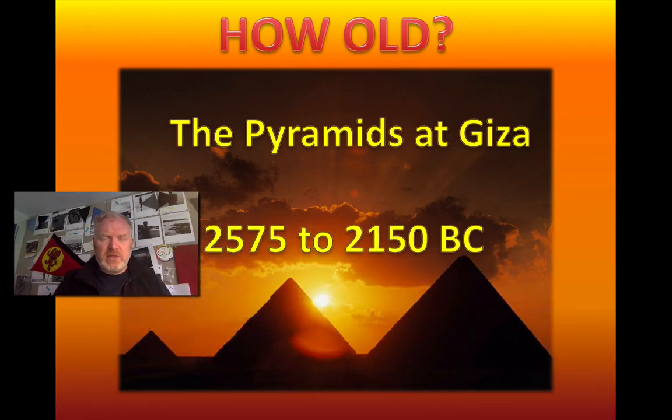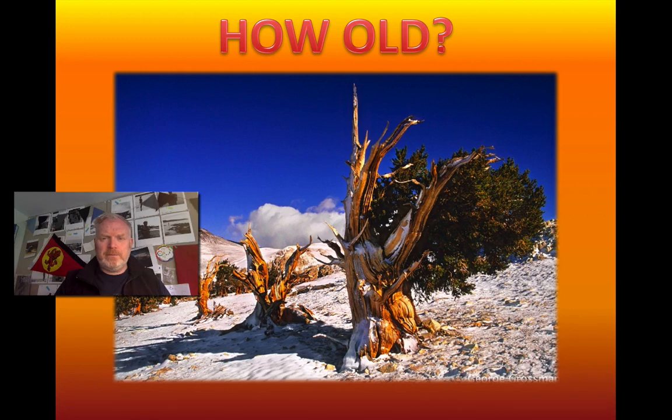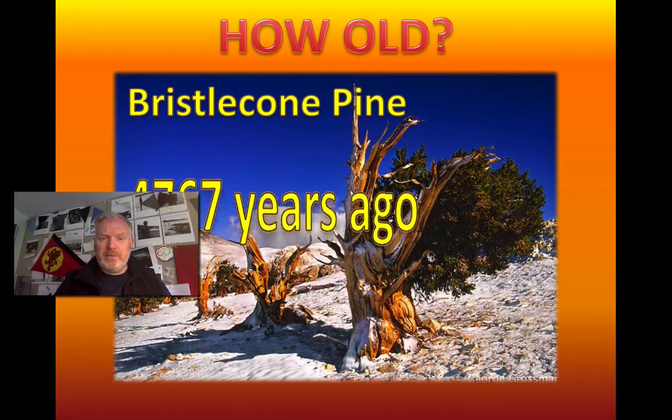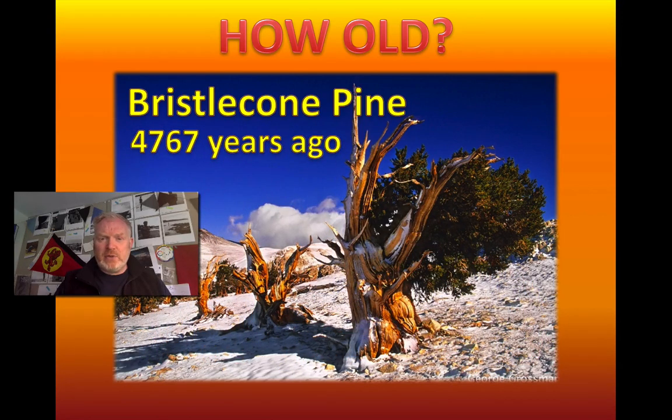Yeah, about the same age as Stonehenge. These are fascinating things. These are what we call bristlecone pine trees. We find them high up in the Sierra Nevada mountains in California. These are the oldest living thing on Earth. These trees are actually alive, and they've been alive for very nearly 5,000 years.